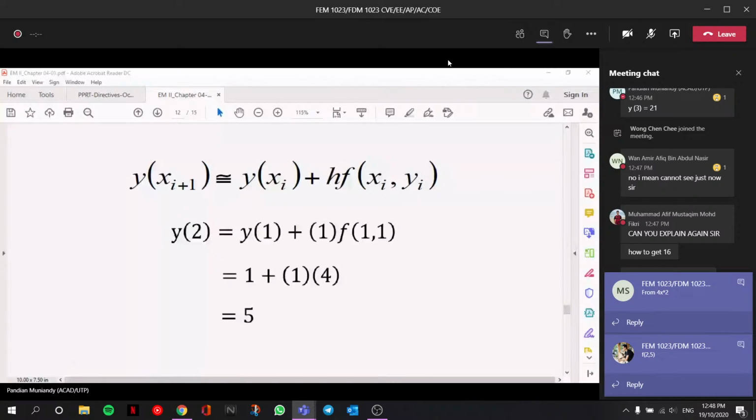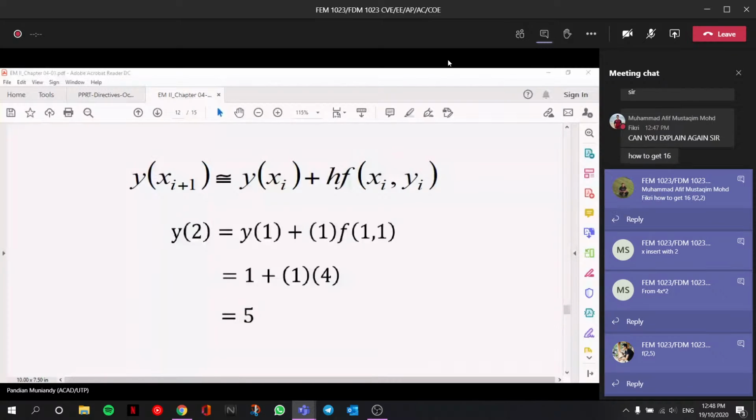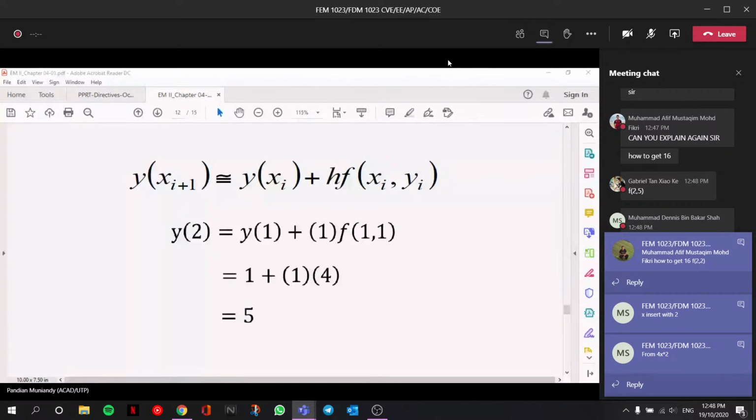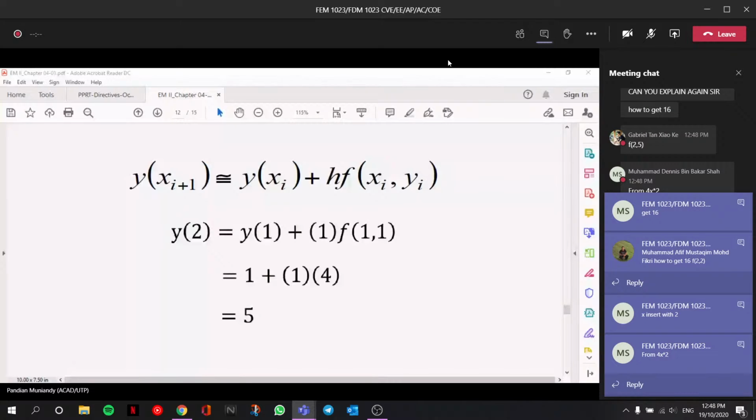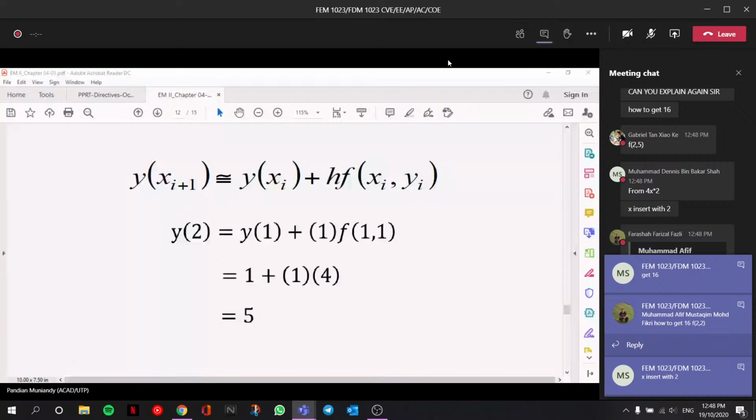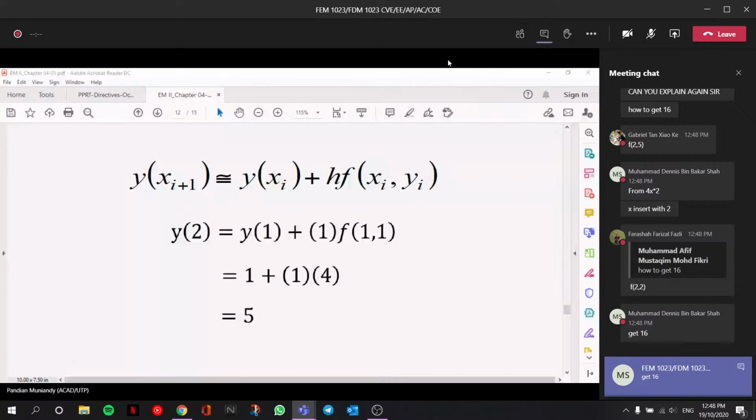Yeah. 4 times 2 squared. 4x squared. Atif. 4x squared. x is 2. 2 squared is 4. 4 multiplied by 4, 16. Yes.